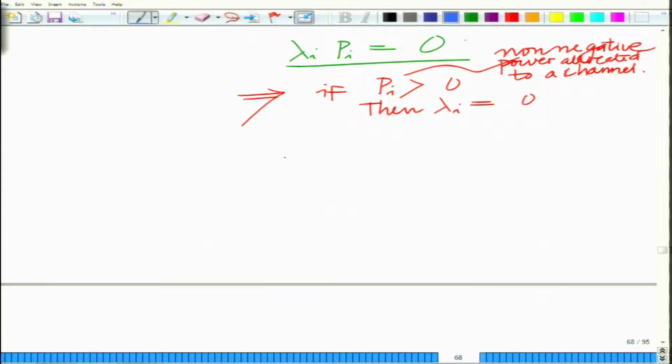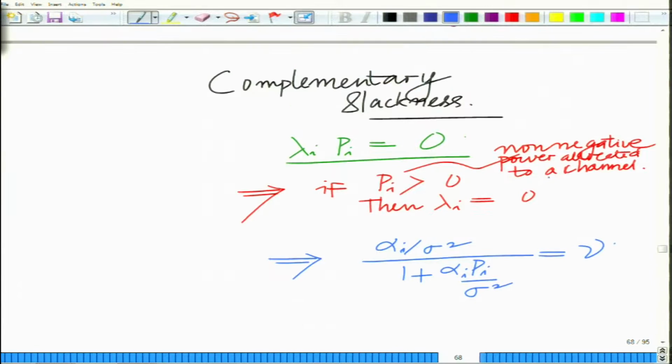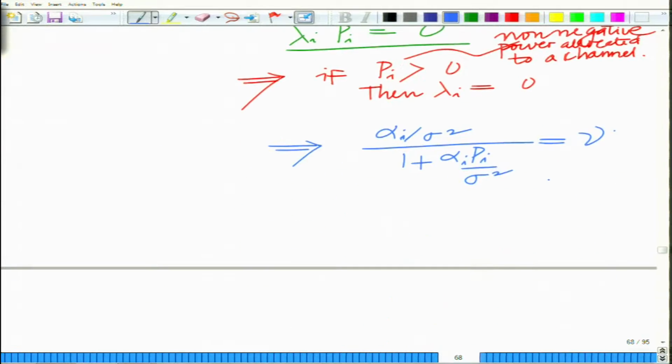So this implies that alpha i by sigma square over 1 plus alpha i Pi by sigma square equals nu, because lambda i is 0.